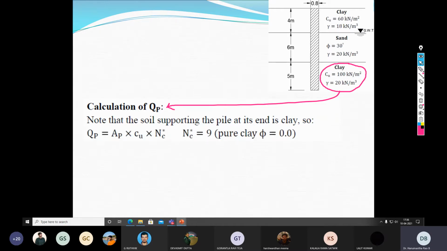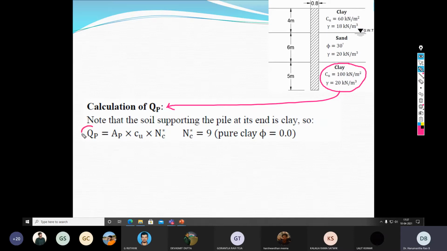Okay. So here we can go for the Meyerhoff theory, a very simple one. Capital QP, that is point bearing resistance, is nothing but, here capital QP indicates point load, not pressure, because it is multiplied with the cross sectional area. So everyone again be careful.